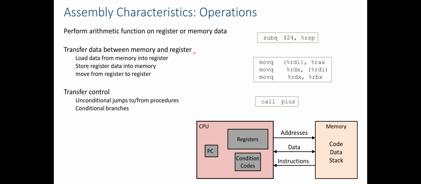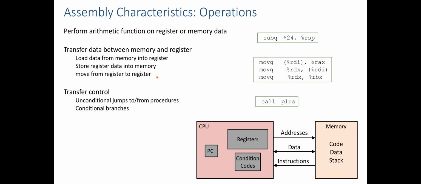Another one that you're going to see a lot of is transferring data, because we need to take data from memory and put it into a register before we can operate on it, like you see here up in the subtract function. So there'll often be movement of data from memory into a register, and then storing that register data back into memory.